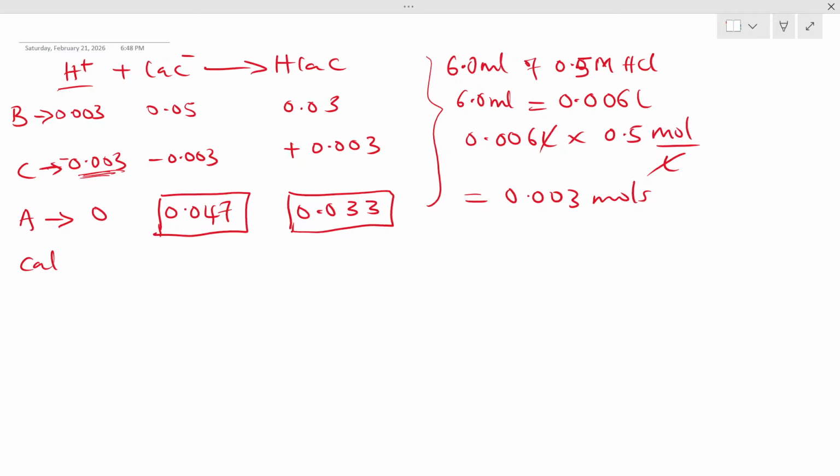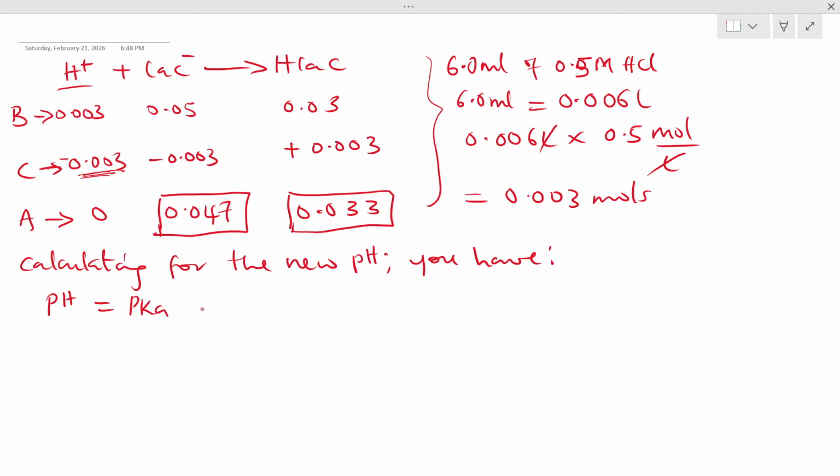Calculating for the new pH, you have pH is equal to pKa plus log of the conjugate base, which is your lactate, over acid, which is what? Your HLac.